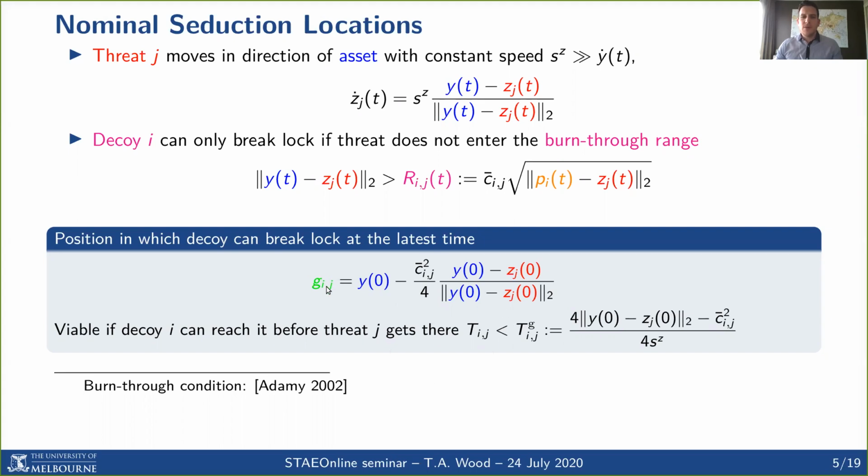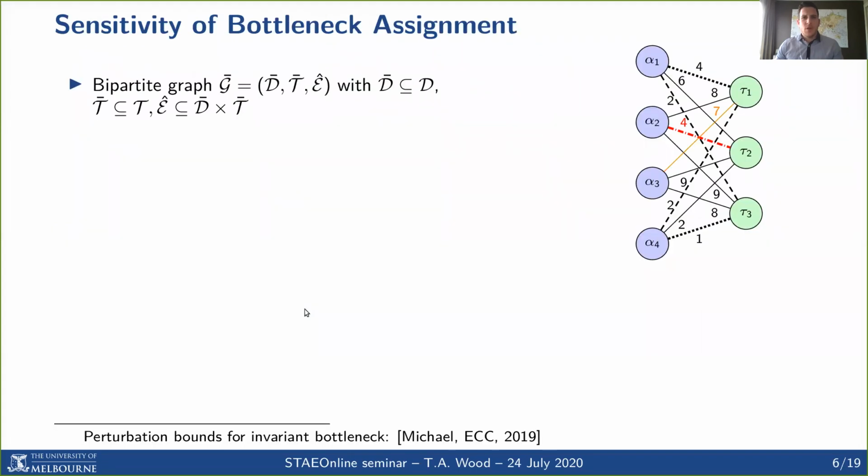So we can do this for every threat, and then with the difference of this position to the initial decoy positions, we get assignment weights for all decoy and threat pairs. We can then write this as a graph problem.